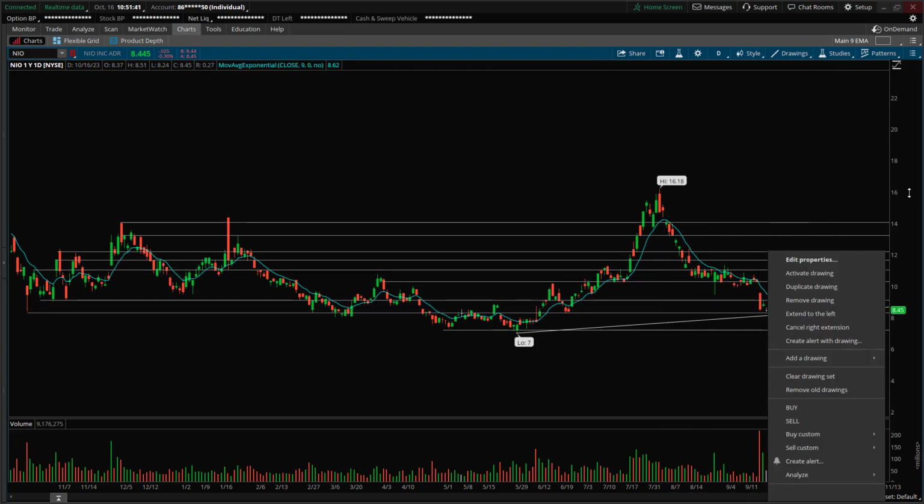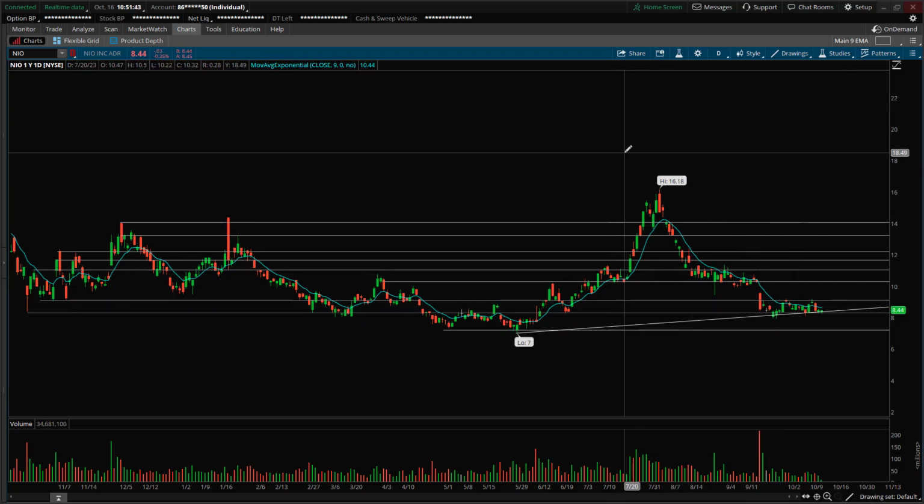It's not the greatest looking pattern, but if you're bullish on NIO, you want to buy low near a support level, and then look at the resistance levels above. If you're trading it, you would buy low and sell for profit near a resistance level. Or if you're looking to hold it long term, if you buy near support levels, then you can keep your stop loss. Let's say you bought down right over here, you could use a stop below this area, if price falls below here as a stop.